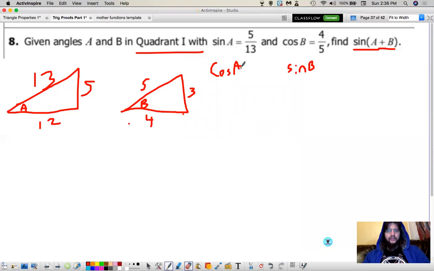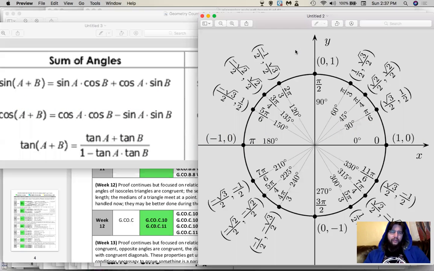We can get cosine of A is 12/13. Sine of B is going to be 3/5. So now we have sine of A, sine of B, cosine of A, cosine of B. We can use this formula.